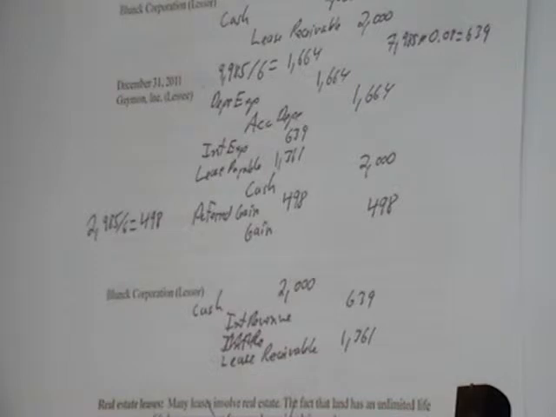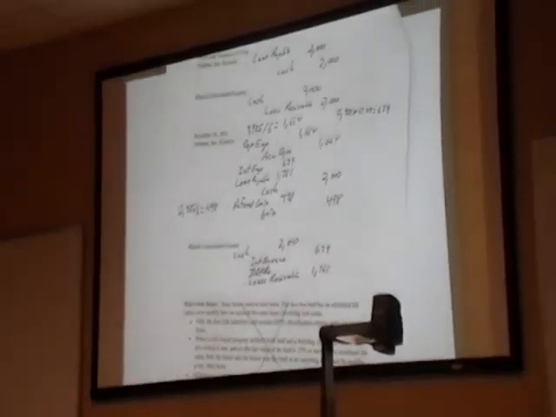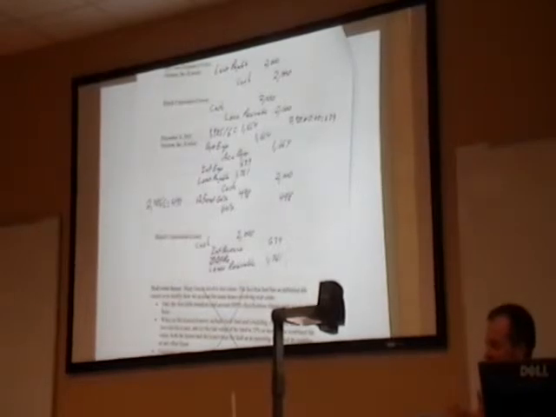Any questions on that? Does it make sense why you would do it? No. Okay, let me think through the reasoning. I'm not 100% sure of the reasoning off the top of my head. I haven't thought through this previously. Why do we defer the gain?